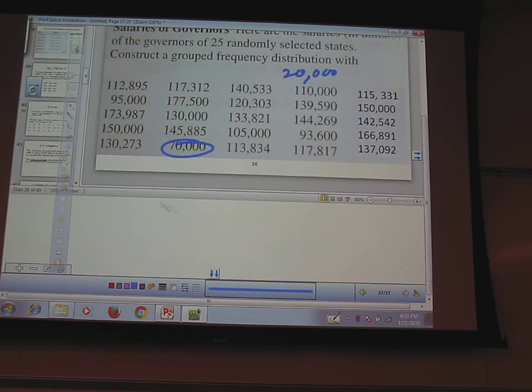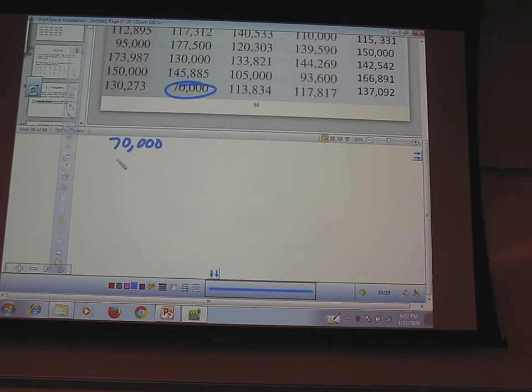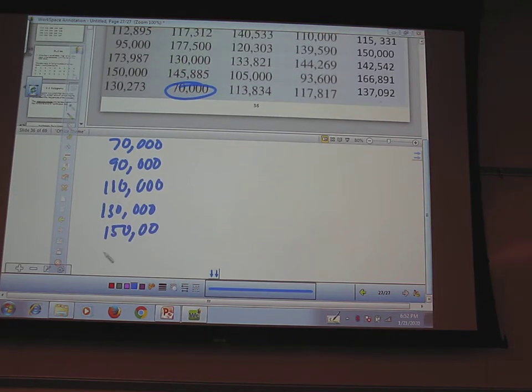So you started with 70,000, and then you did plus 20, 90,000, 110,000, 130,000, 150,000. Is that it, or is there more? One more. 170,000. Okay. And then you work backwards to find these guys.